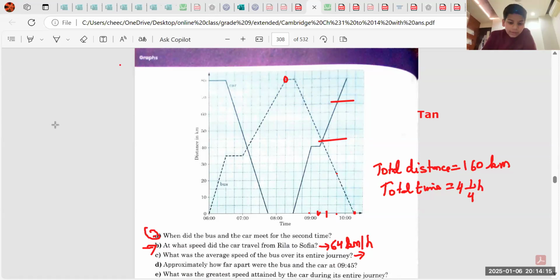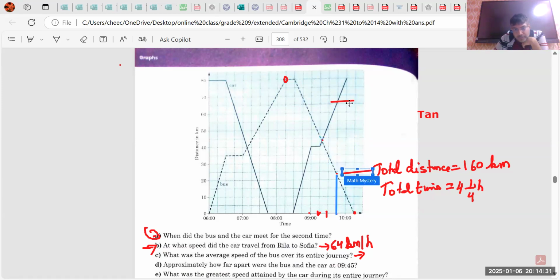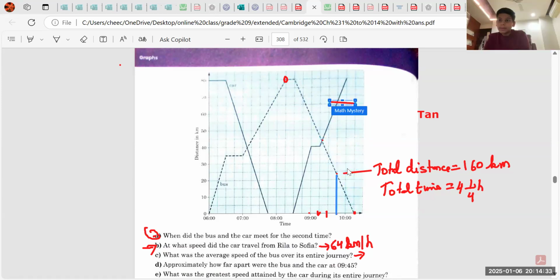Sir, but that is not 9:45. 1 second. 9:45 will be this. This is subtract on this line. Okay. Yes, sir. Subtract these 2 points basically.